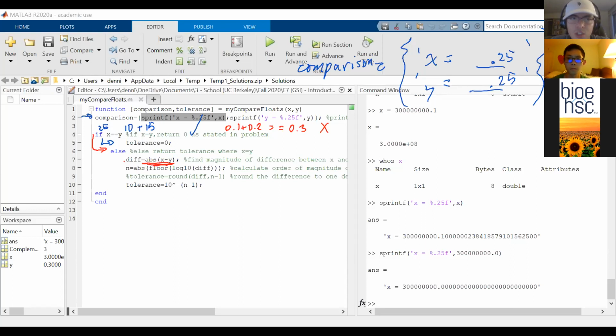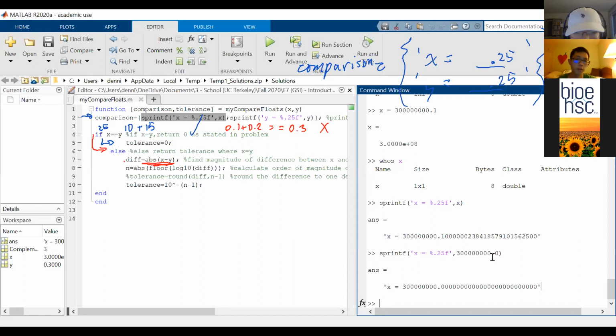So small integers you can build with just a few powers of 2. But once you get to very big integers, I think Dennis was showing an example here, or actually I was mostly playing around, but I think this is kind of what illustrates it. This is x equals 300 million.1, and then it has all of these in front of it. I thought this would work, but apparently this doesn't.